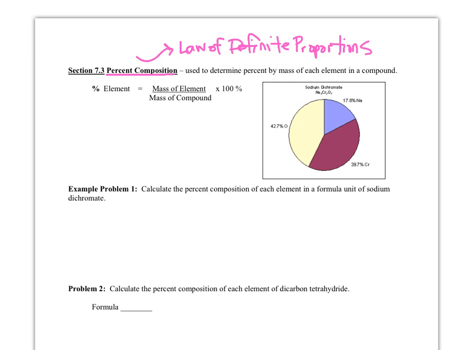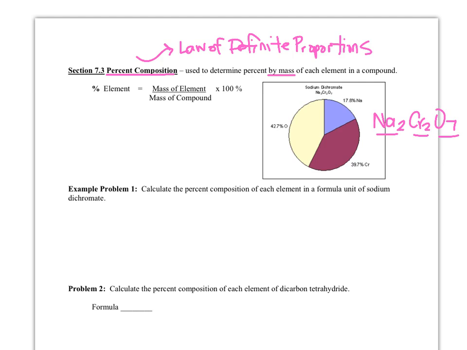Usually there's different ways to calculate percent compositions, but we are going to do them by mass because it's the easiest, okay? So that means we're going to need our periodic table. You're going to need some molar masses, but they're really easy, okay? So here's an example of sodium dichromate. The formula, I know it's hard to see, is Na2Cr2O7. So in this formula, we can look at what percent each element is of the total.